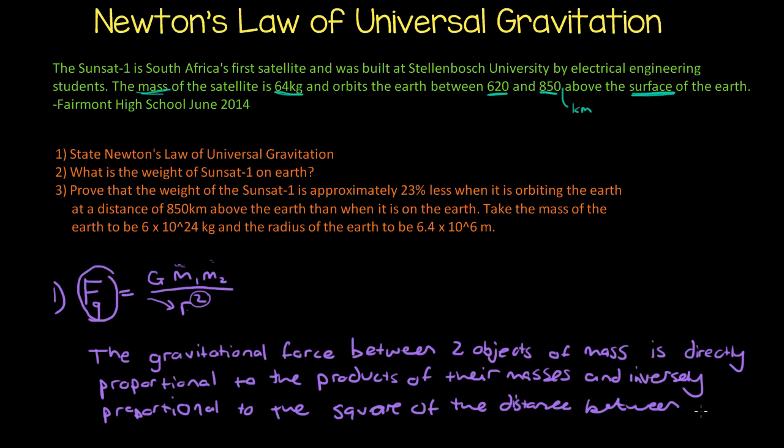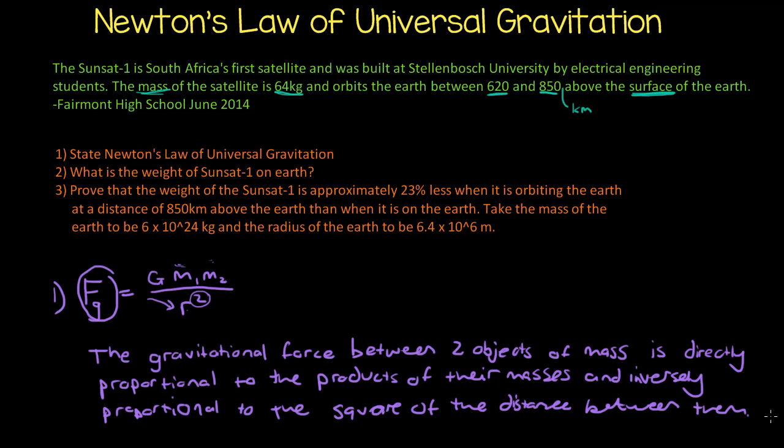And the handwriting is just getting worse. Between them. And whenever you write a law, you just want to read through it one more time, just to make sure you've written everything in proper English. So the gravitational force between two objects of mass is directly proportional to the product of their masses and inversely proportional to the square of the distance between them. 100%, you'll get your 2 marks for that.